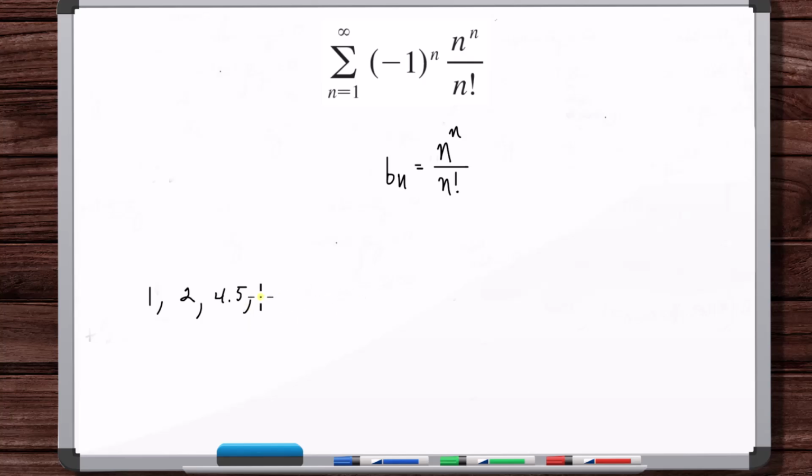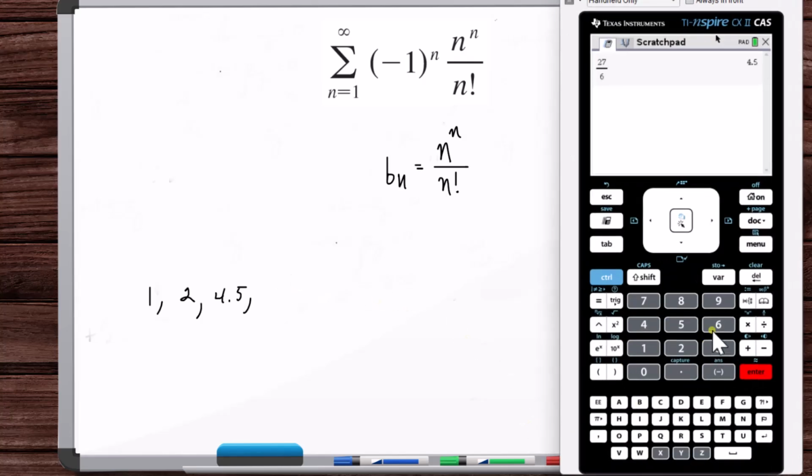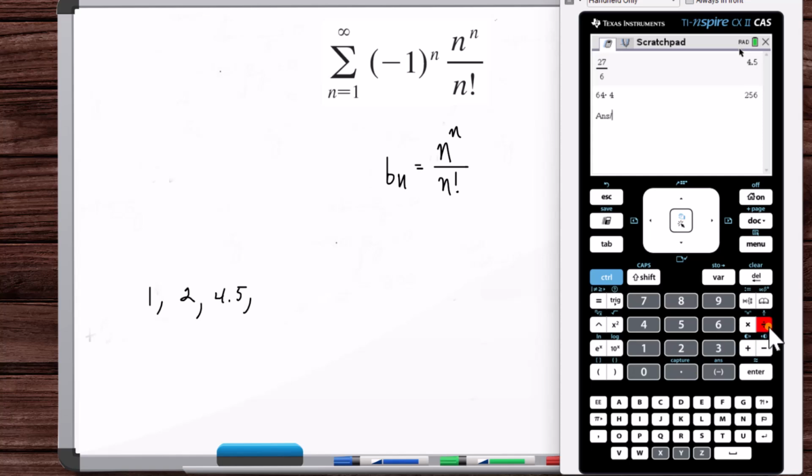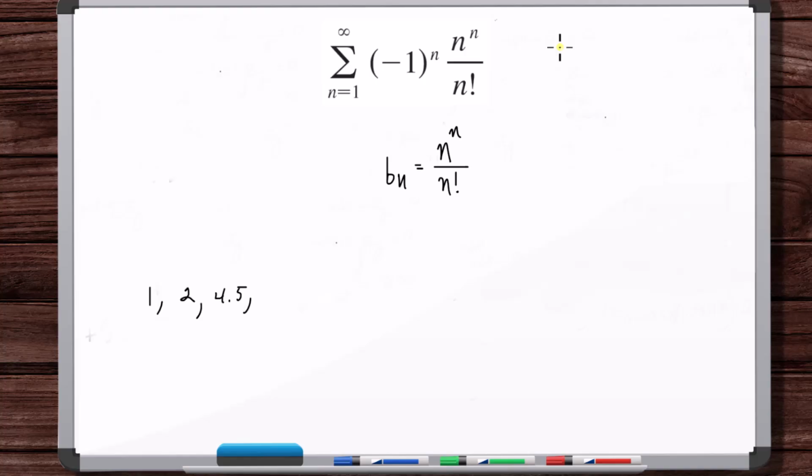When n is equal to 4, you've got 64 times 4, which is 256, over 4 times 3 is 12, 12 times 2 is 24, so about 10.7. So there's no way this is decreasing. I would assume that this is not decreasing, but let's see if we can prove that for all n.